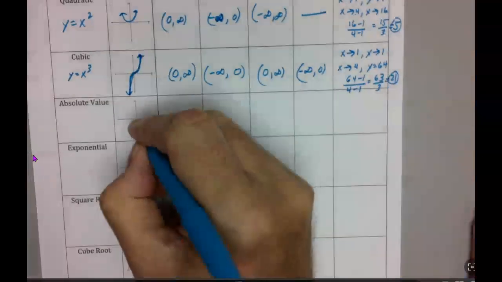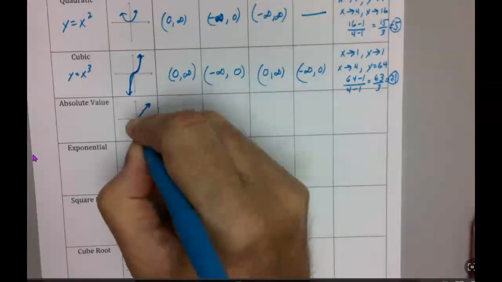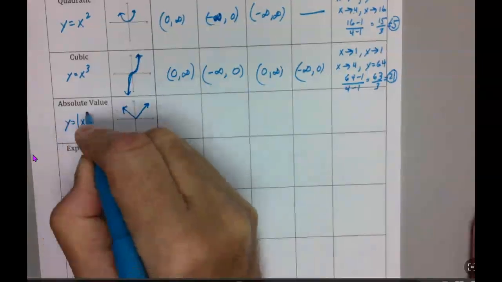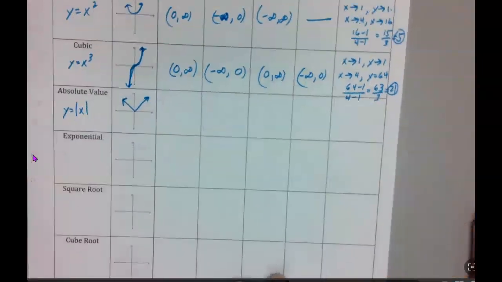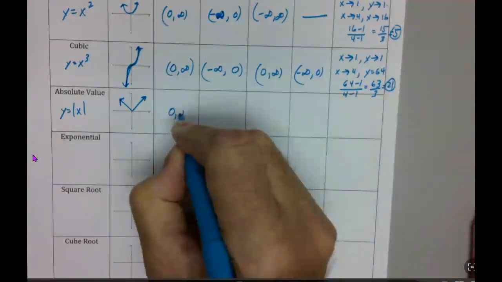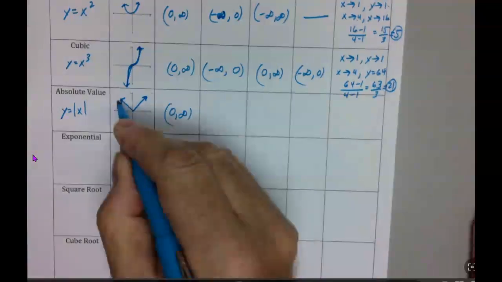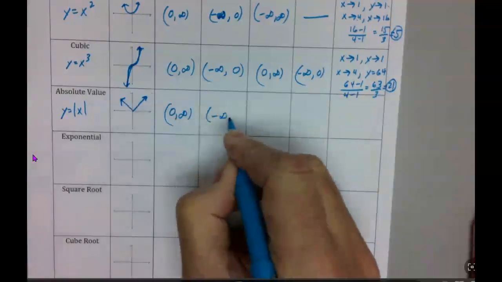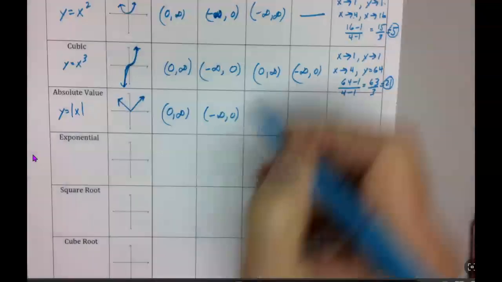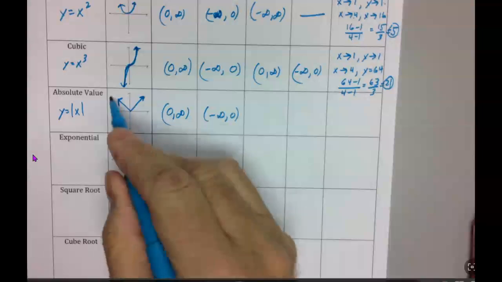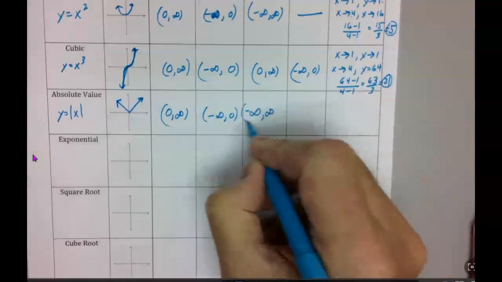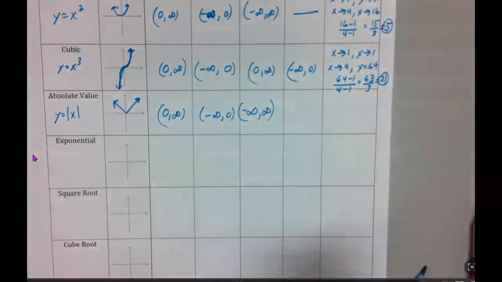Absolute value is a V-shaped graph, correct? So there's your parent function. So it's increasing from 0 to infinity, correct? It's decreasing from negative infinity to 0. Okay? The whole thing's above the x-axis, so it's negative infinity to infinity, all real numbers.